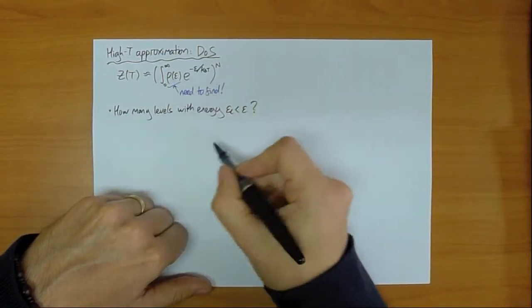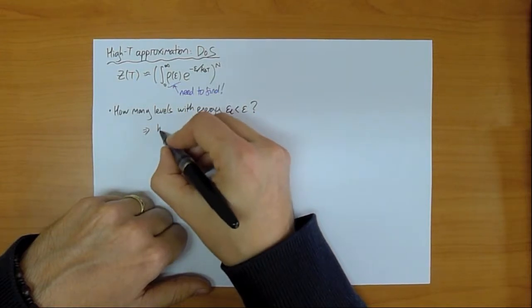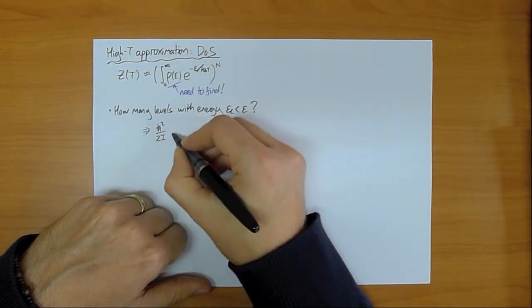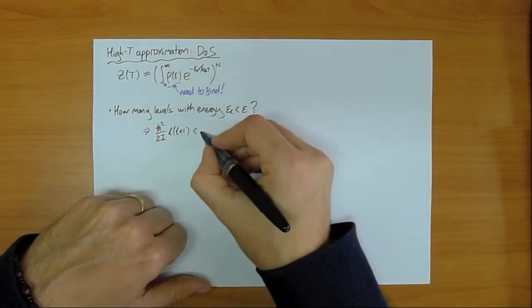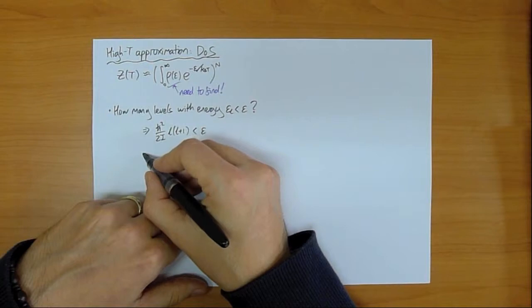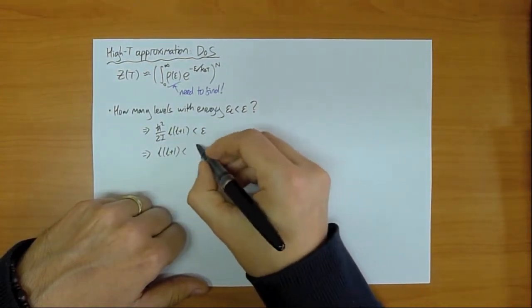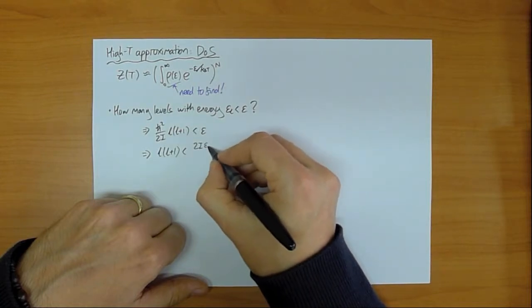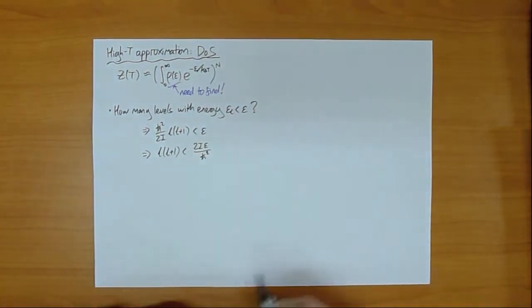The formula for epsilon_L was h bar squared over 2I times L(L+1), and this we need to be less than epsilon. So this means that L(L+1) is less than 2I epsilon over h bar squared.